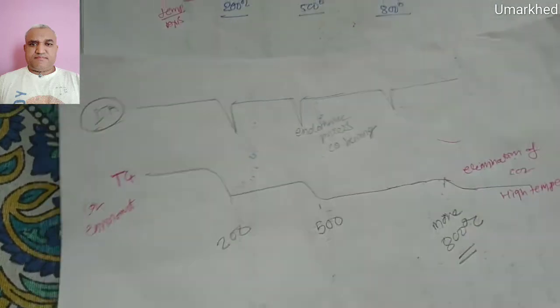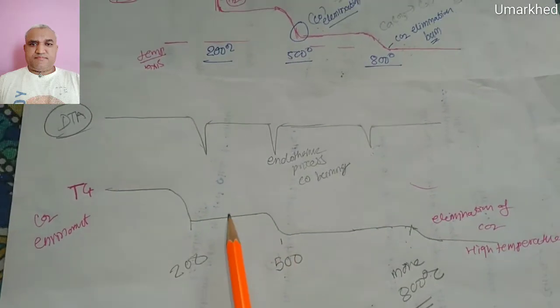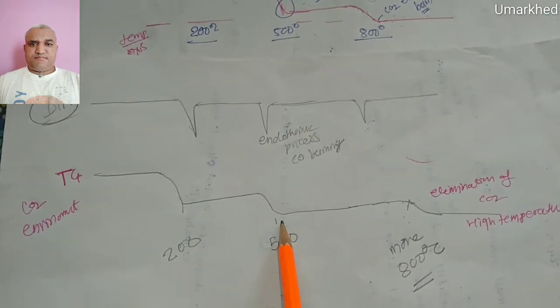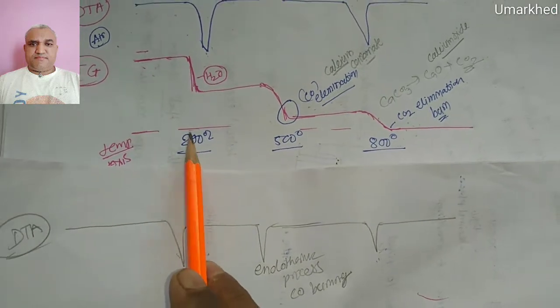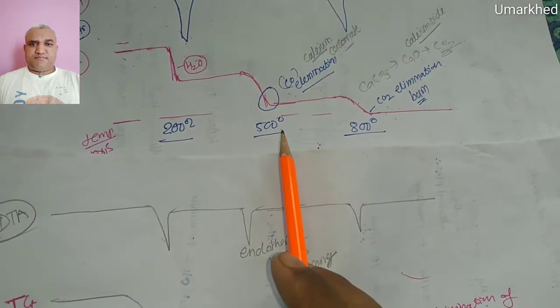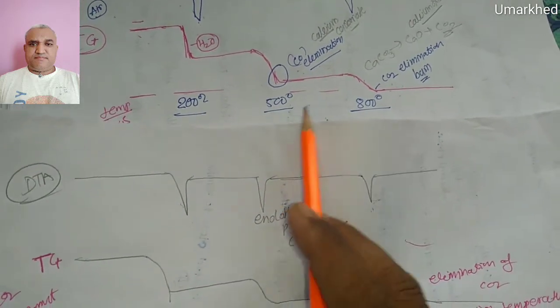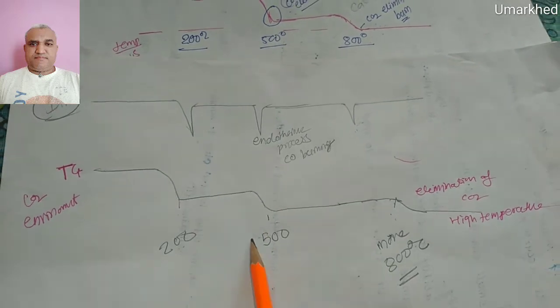The first two steps are the same as in air atmosphere: first water molecule removal and then CO removal. In air, water molecules are removed at 200 degrees Celsius and CO elimination is at 500 degrees Celsius. Same in CO2 atmosphere, 200 and 500 degrees Celsius.